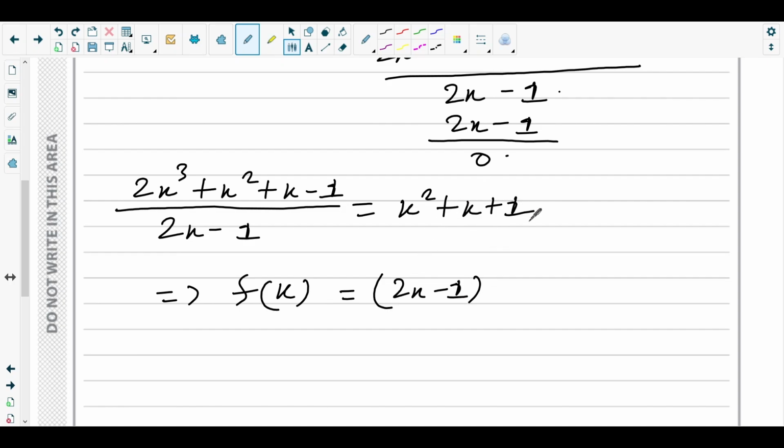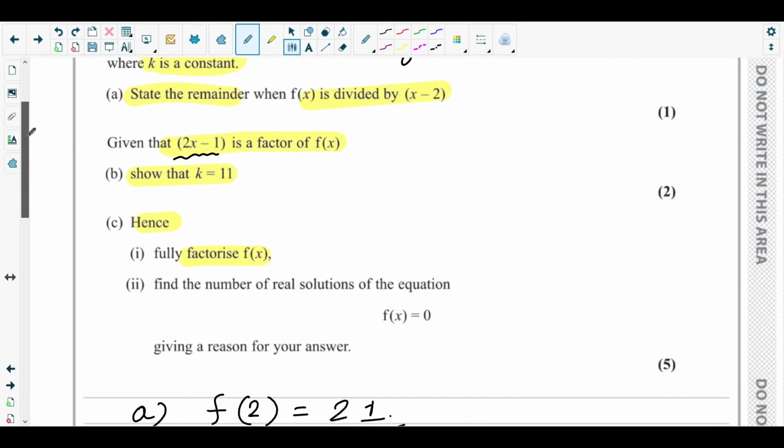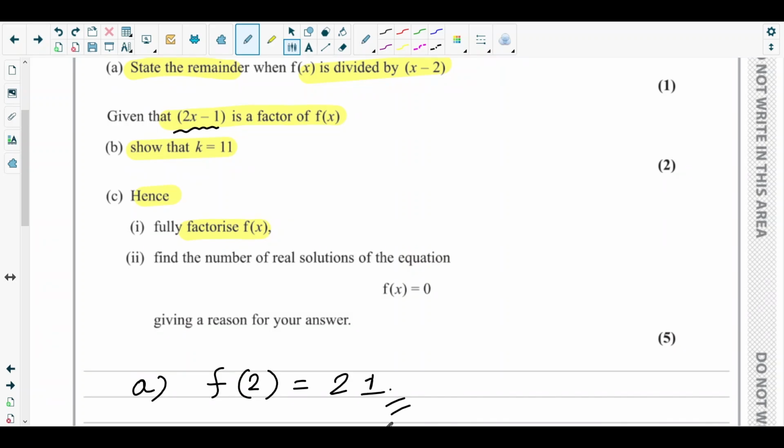Can we factorize x squared plus x plus 1 further? No, it's not possible to factorize it further. So this is the fully factorized form of f of x. Fine. That's what part C1 has asked for.